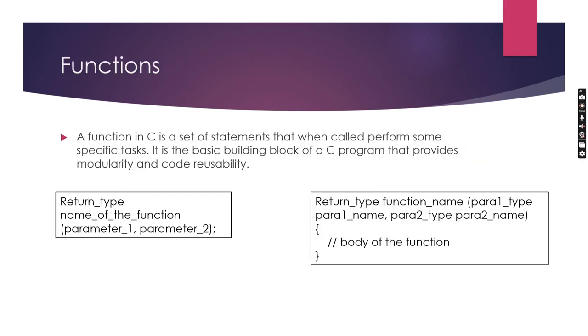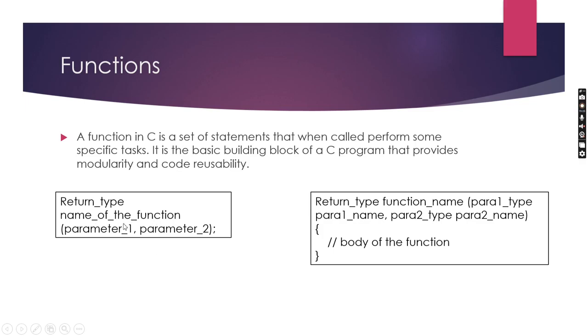Functions: invoking user-defined functions like addition and displaying messages. A function in C is a set of statements that when called perform some specific task. It is the basic building block of a C program that provides modularity and code reusability.